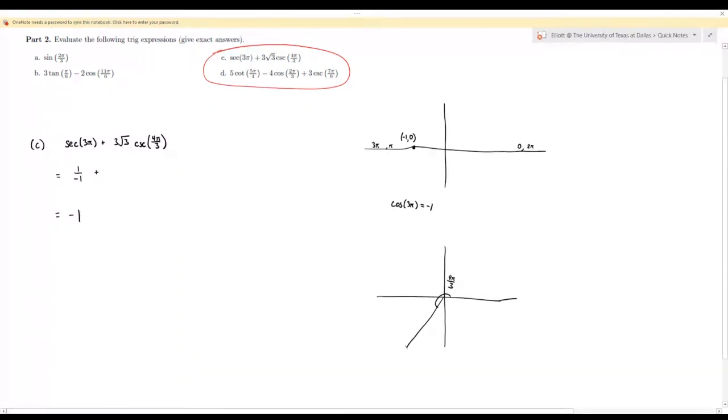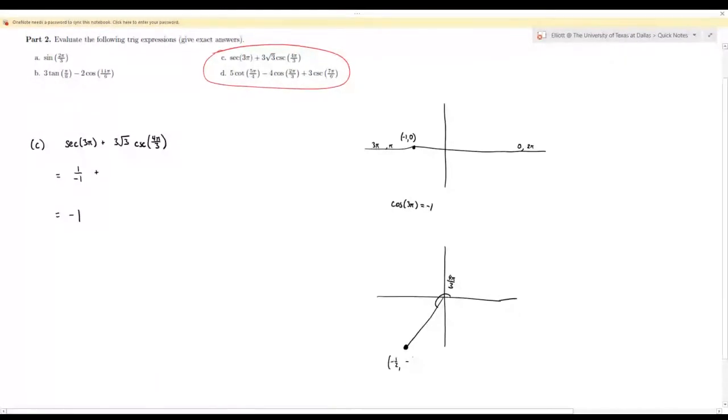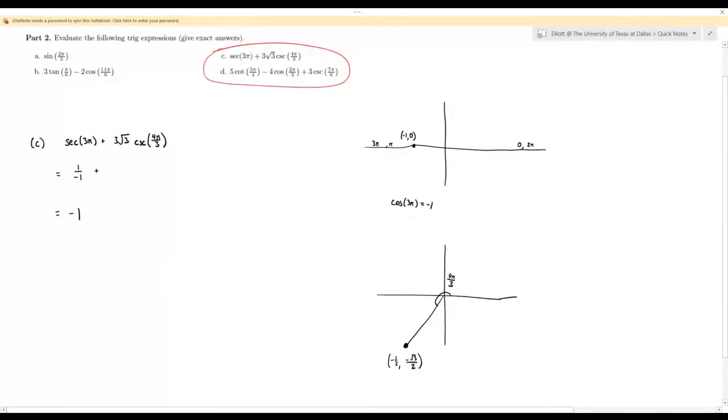And let's see here, at the pi over 3 angle, I know the x is 1/2, the y is negative root 3 over 2.